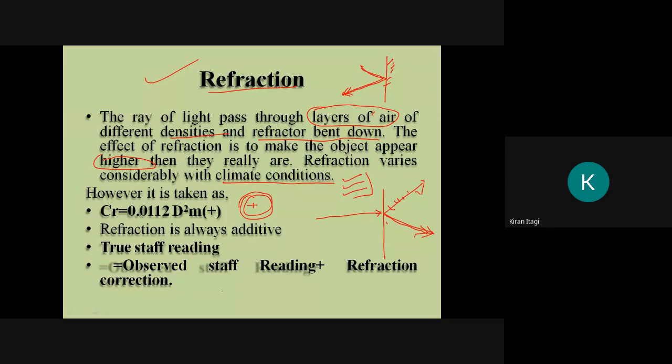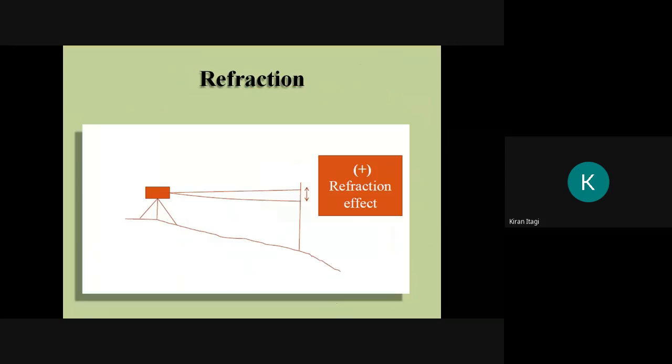Suppose the observed reading is 1.000 and the refraction error is 0.005. The true reading will be 1.000 plus 0.005, which equals 1.005. In the previous problem we subtracted, here we are adding.